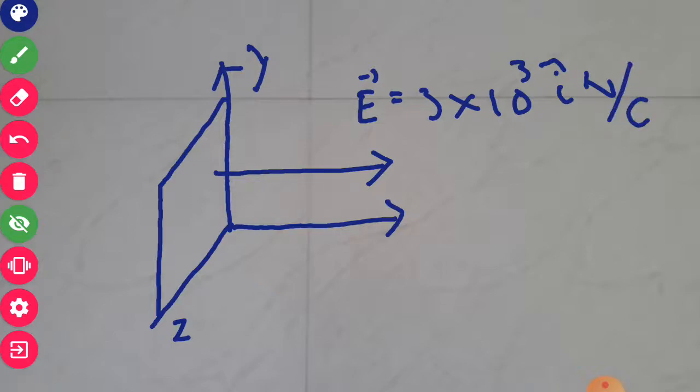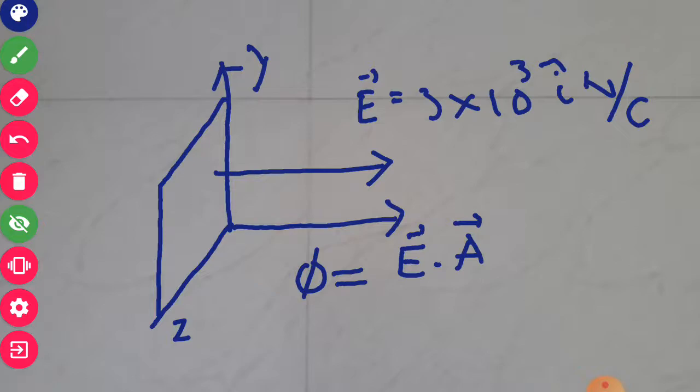Now we want to find out the flux. As you know, flux is equal to E dot delta S, or E dot A, where A is the area vector.